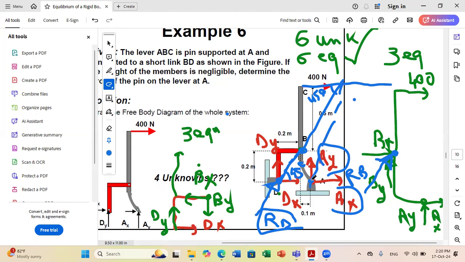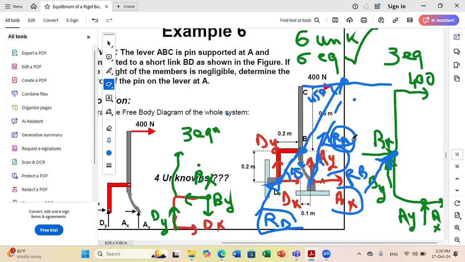So now the direction of the reaction at A is known, because it should pass through A and through this point. Then instead of having to solve for AX, AY, which are two unknowns, we solve only for one, which is the RA magnitude, since the angle is known.